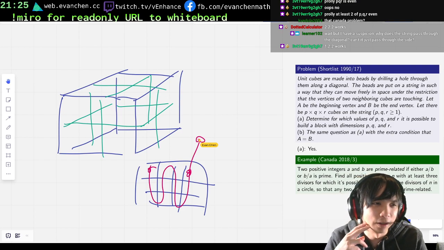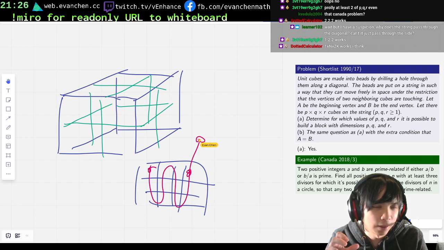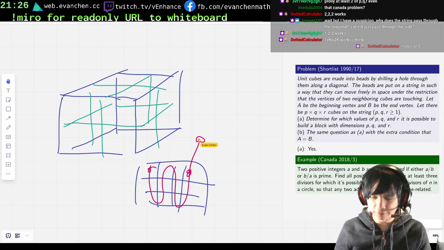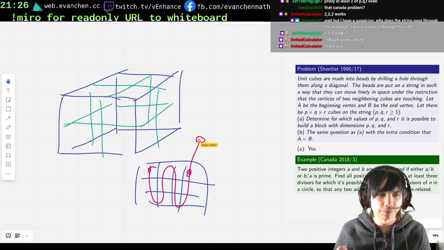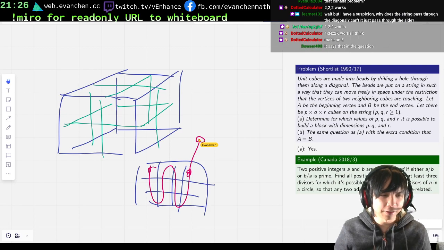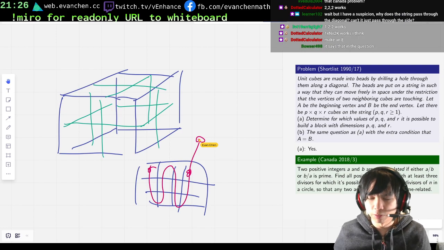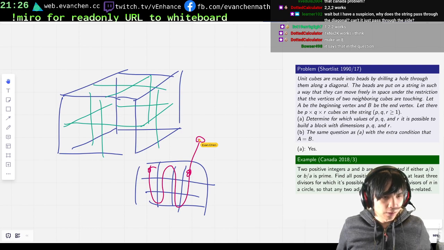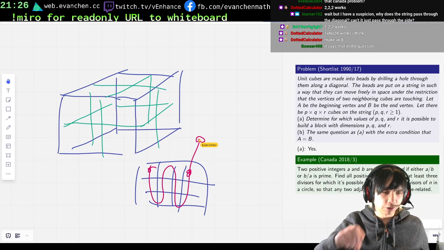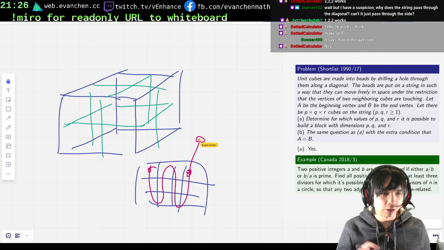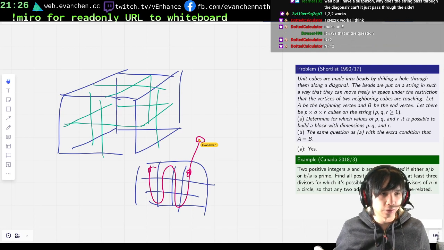It's a little different here. Can't it just pass through the side? No. You have to think about which vertex. It's not quite just the Hamiltonian path once you require A equals B. When you go on the path from cube to cube, you're traveling along the space diagonals of the cube, and you need to end up back where you started.